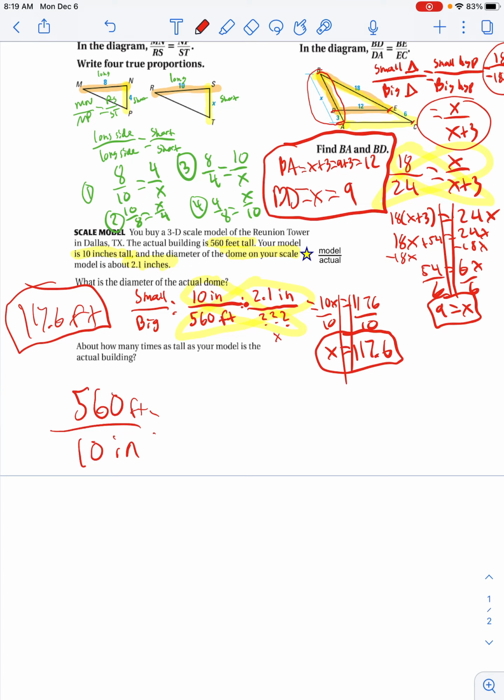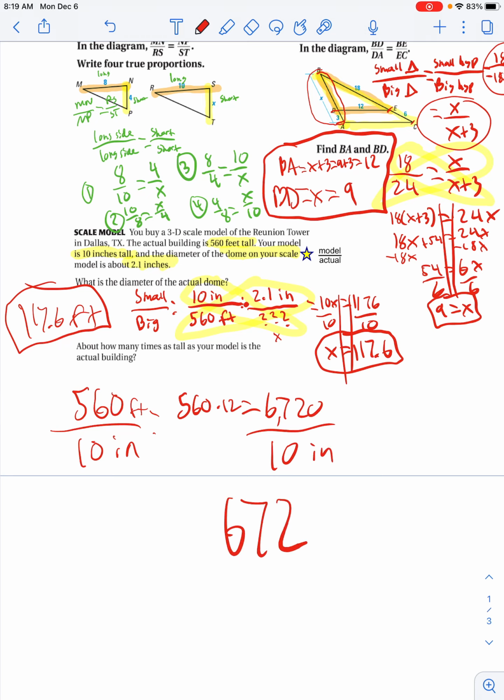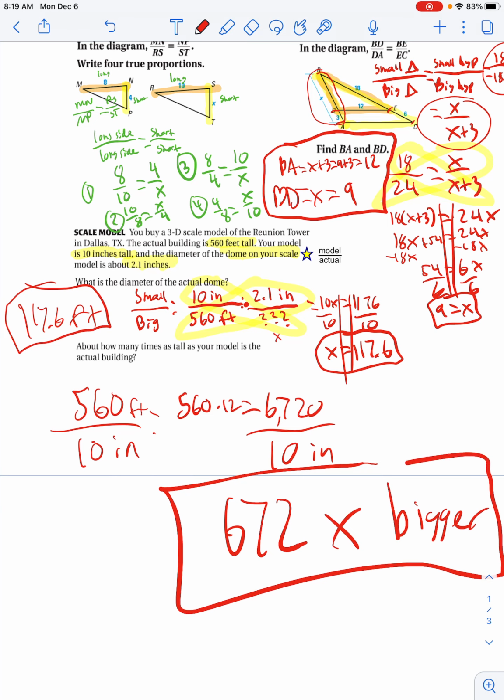It's hard to compare inches and feet, so let's get inches. 560 times 12, because there are 12 inches in a foot, gives us 6,720 over 10. So the model is about 672 times, or the real one is this much greater.